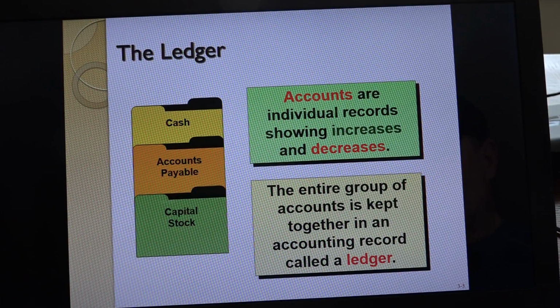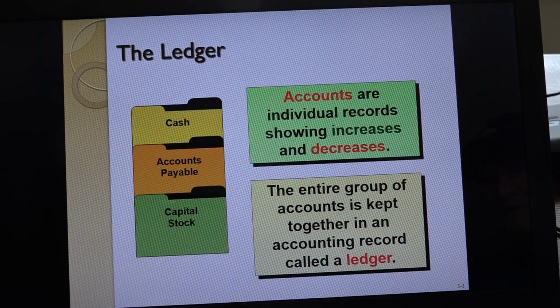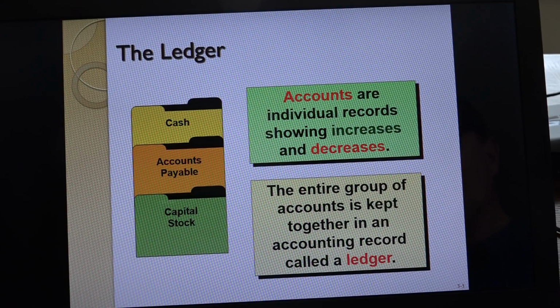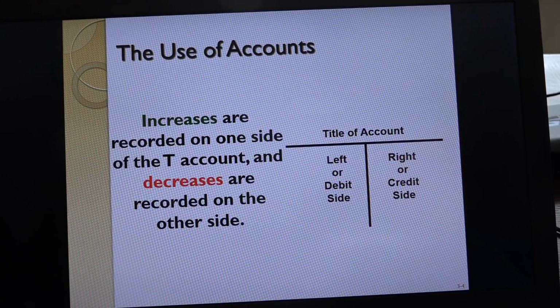Accounts are simply individual records showing increases and decreases in amounts in those accounts, and the entire group of accounts is kept together in an accounting record called a ledger. Usually you have a general ledger, and then you have various sub-ledgers on top of that with more detailed information.